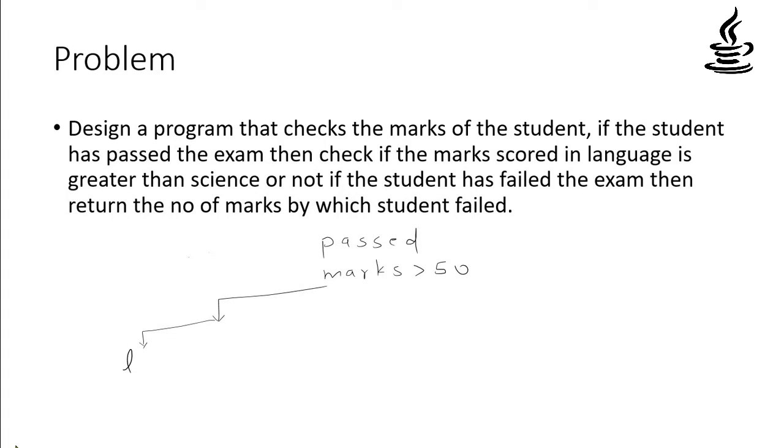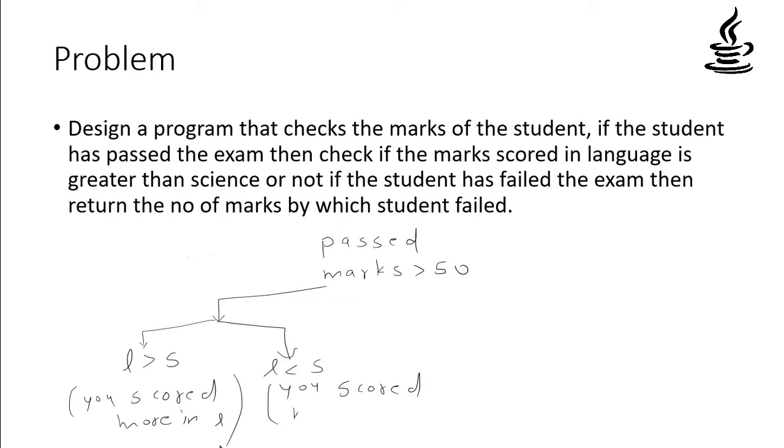If the marks scored in languages are greater than science, then our program will give an output that you scored more in languages. And similarly, if the marks scored in languages are less than science, then our program will give an output that you scored more in science.